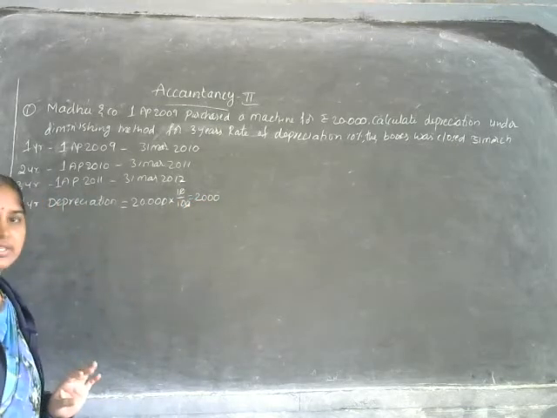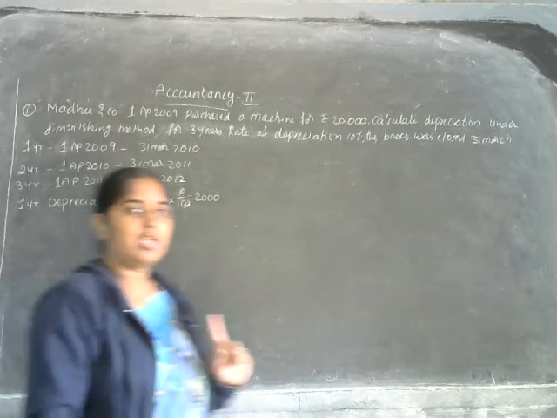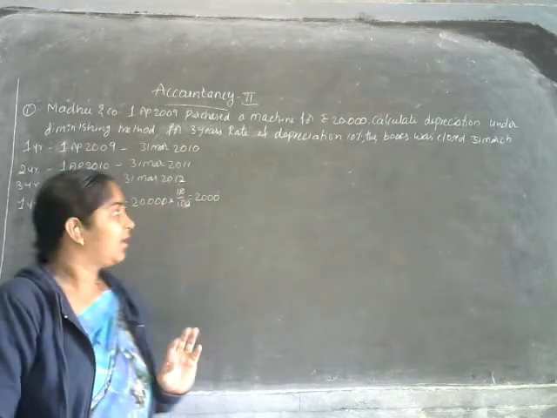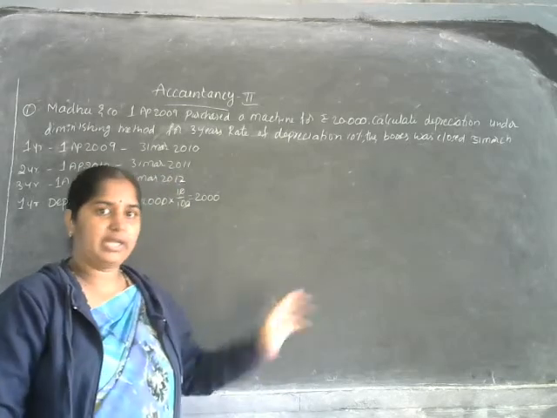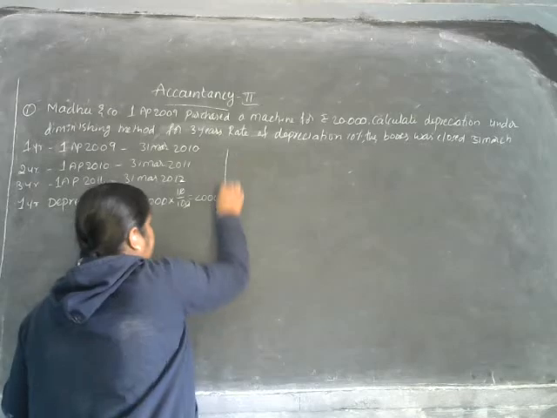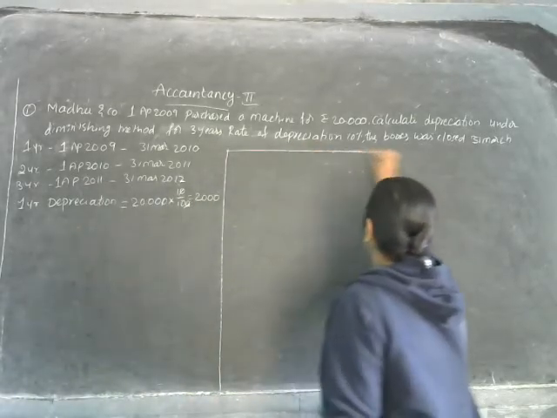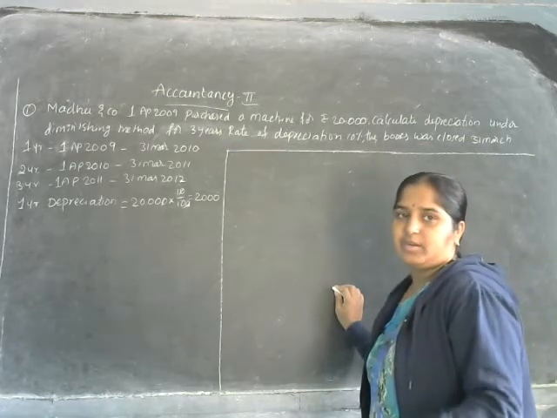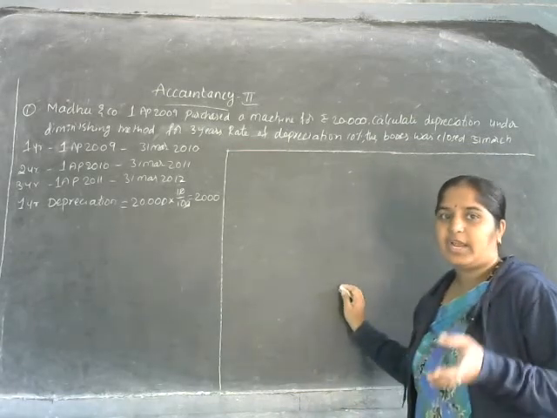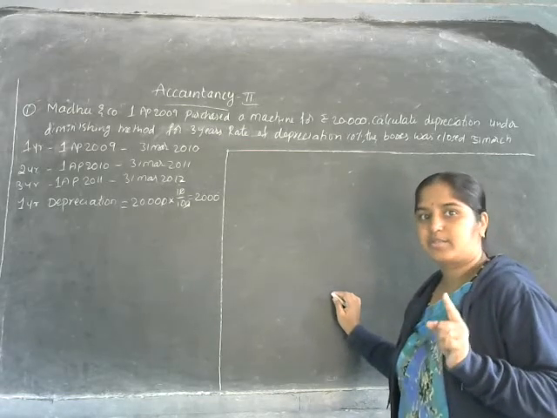So the depreciation is 2,000. Now for the second year we have to calculate on the balance brought down amount, and we don't know what the balance brought down amount is. So immediately we have to open the account. In the straight line method, we first calculate the depreciation, then open the account. But here you calculate your depreciation first and immediately open the account to know the balance brought down amount.